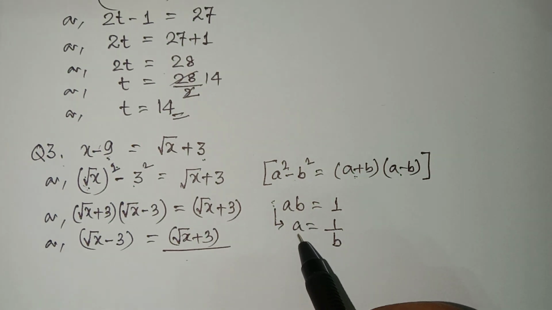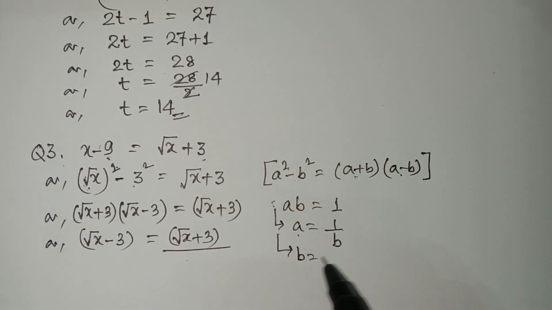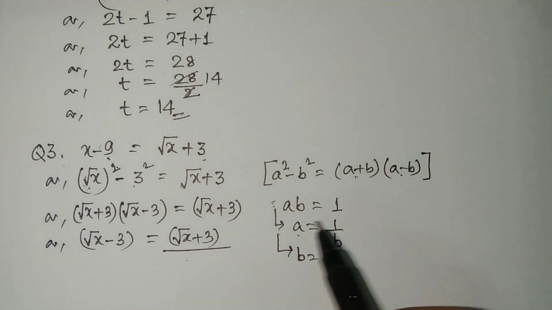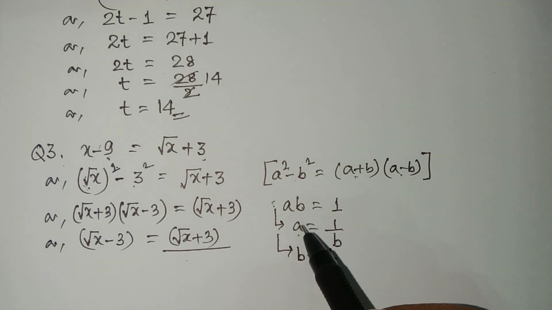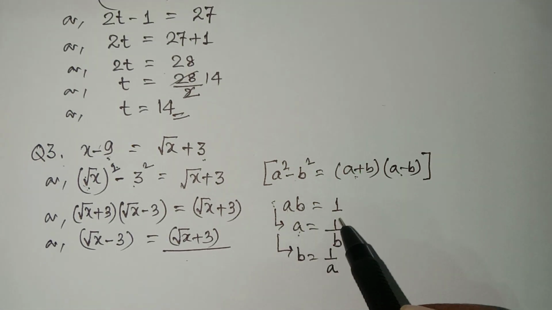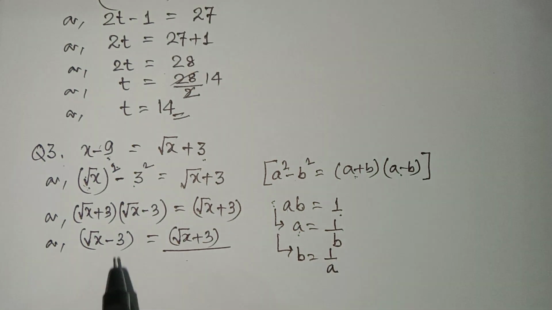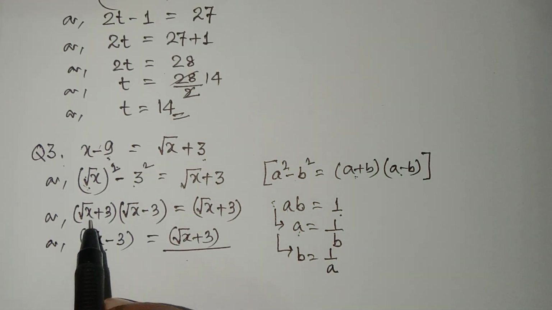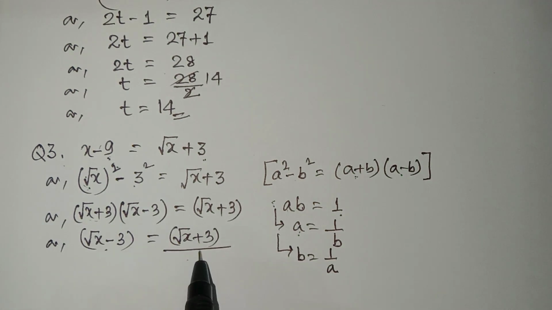If I write this a, if I write b, then it will be equal to 1 by a. So this term will go there to divide. So I have root x plus 3.